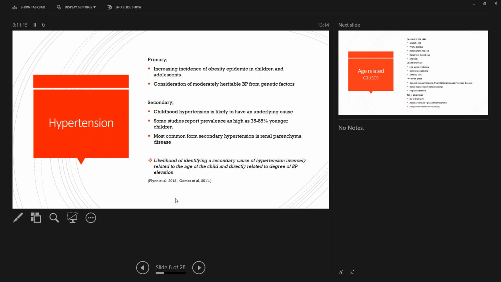An important note is that the likelihood of identifying a secondary cause of hypertension inversely relates to the age of the child and directly relates to the degree of blood pressure elevation. So it's important to keep in mind when you're doing history taking and looking for other signs and symptoms, to use this as a general rule of thumb for assessing the hypertension.